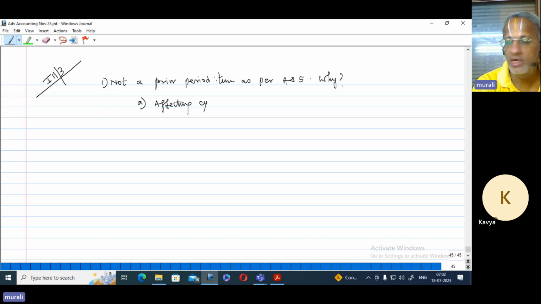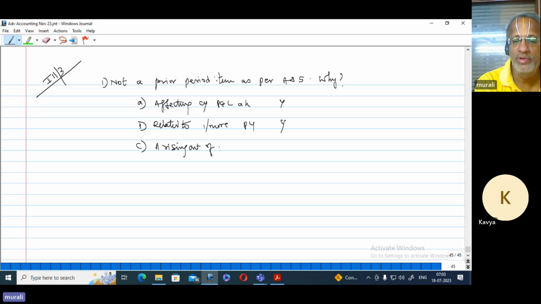Affecting the current year's P&L account is yes. Related to one or more previous years is also correct. But arising out of error or omission: no. How?